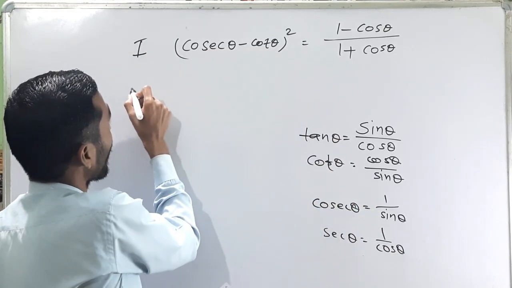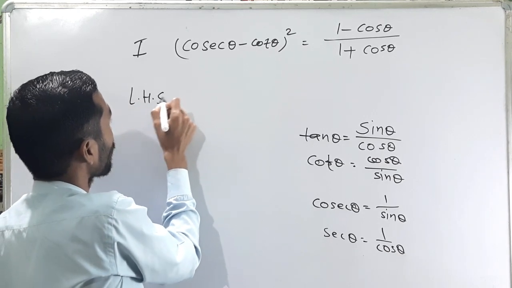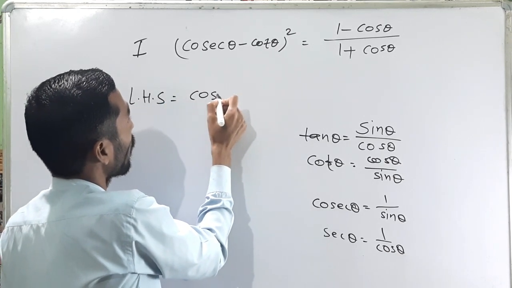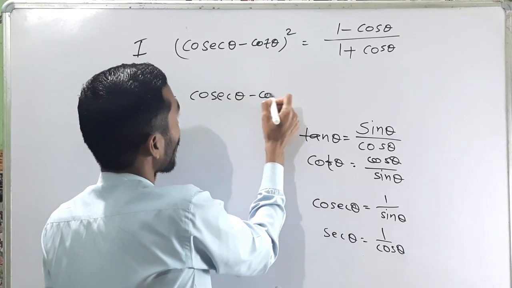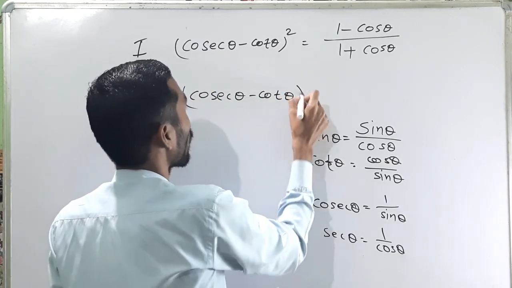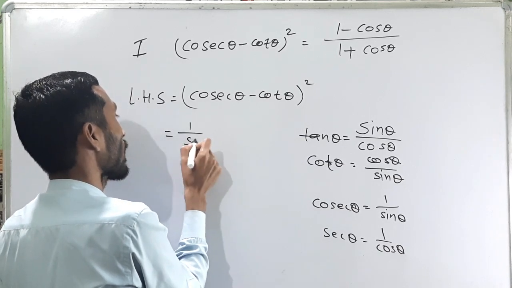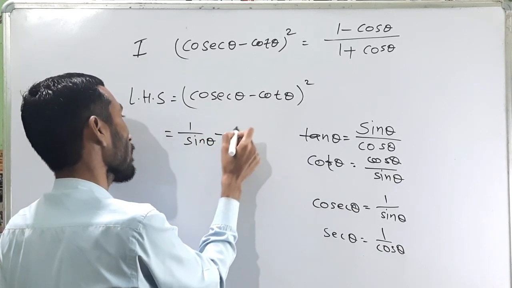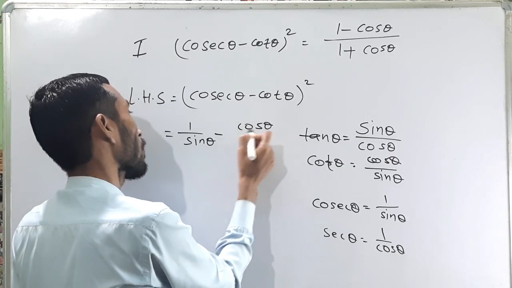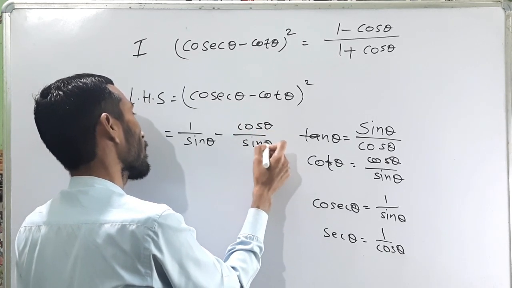So at first we'll write LHS equals cosec theta minus cot theta to the power 2, and we can write here 1 by sin theta minus cos theta by sin theta.